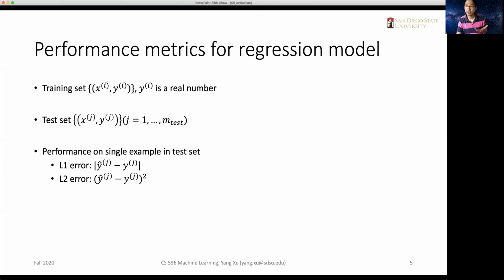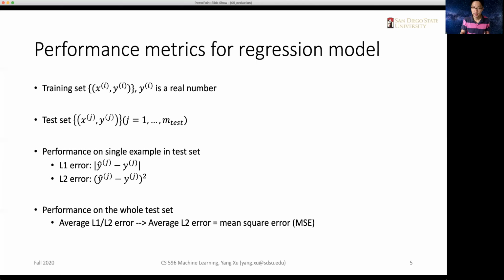So we can also use the same mean square error to do the evaluation on the unseen data sets, right? So we can use the distance raised to the power of 2. For the whole testing set, we can use the average L1 or L2 error. And in the case of L2 error, it is simply the same thing as the mean square error. Okay. Or we can also use the standard deviation of the L1 or L2 errors so that we can see how robust the model performed.